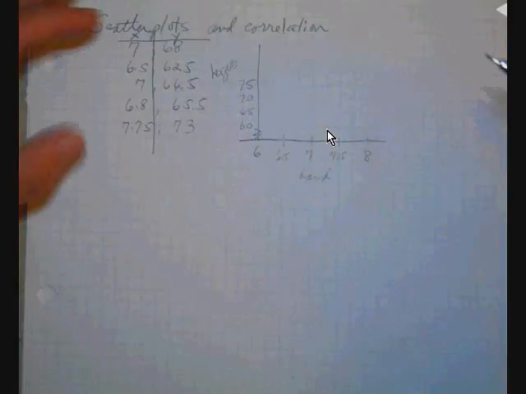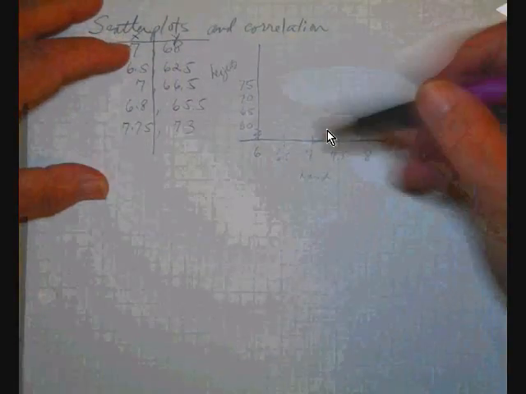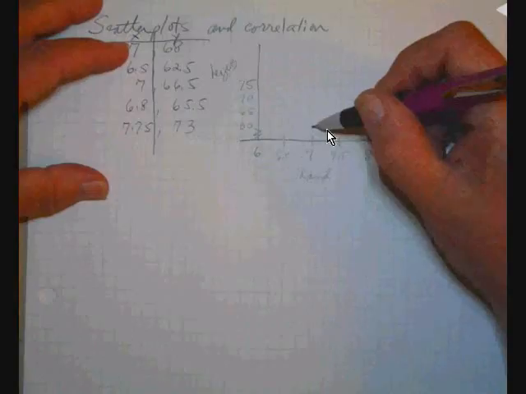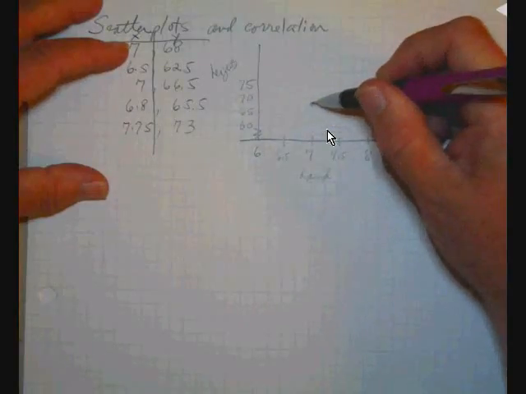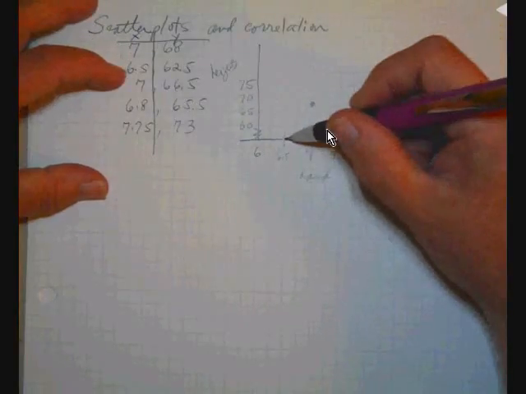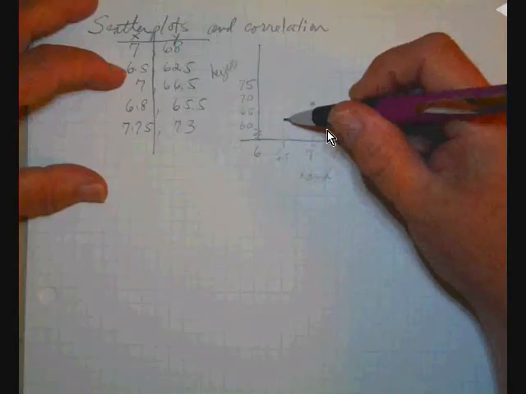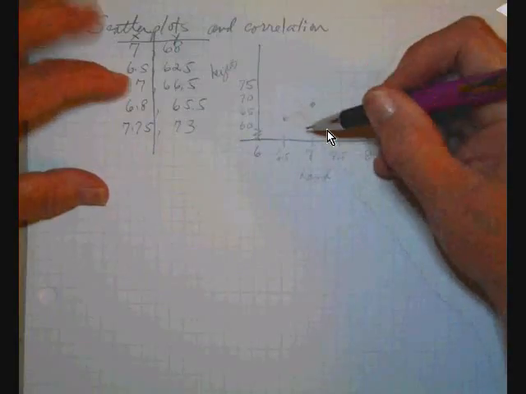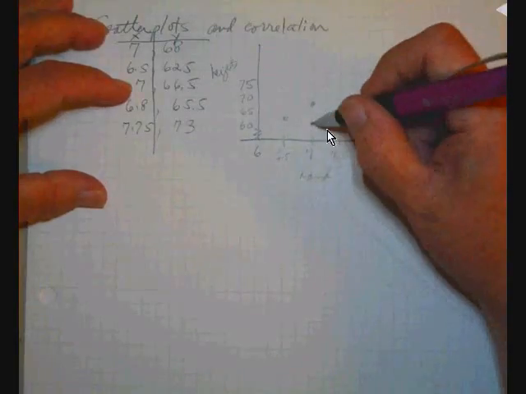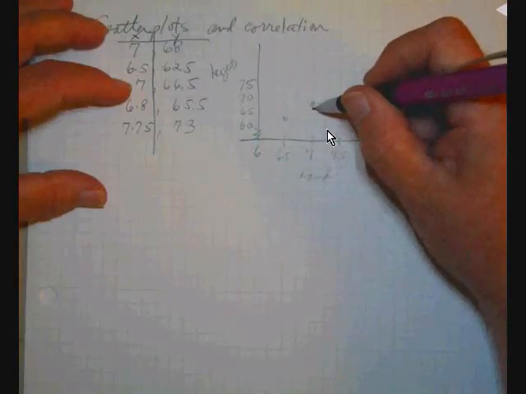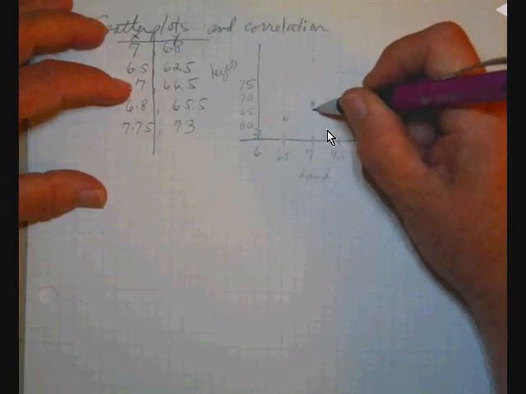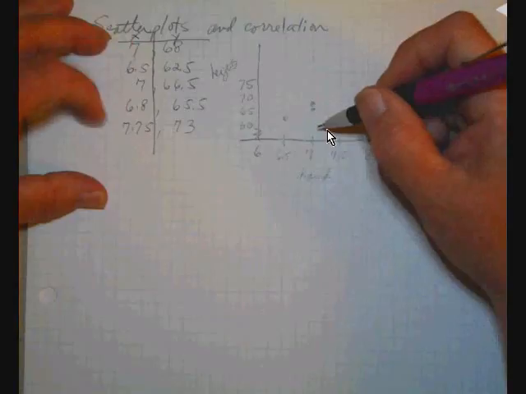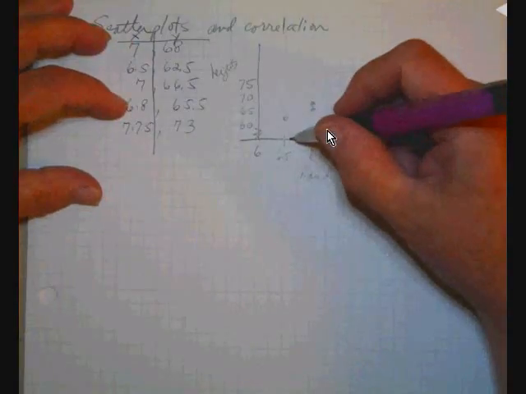Now let me just put dots. Over 7 up to about 68, there's a dot. Over 6.5 up 62.5, put a dot. Over 7 up 66.5, dot there. Over 6.8.